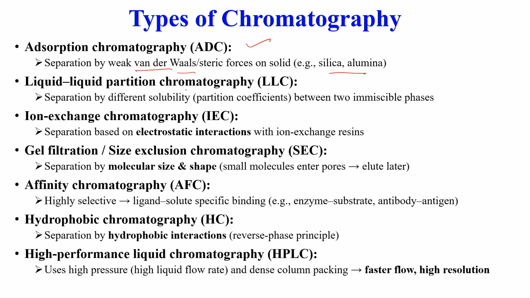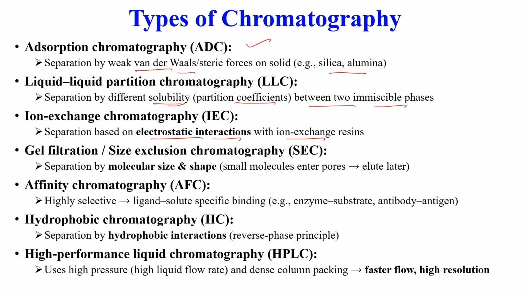There is liquid-liquid partition chromatography, when separation is by different solubility or partition coefficient between 2 immiscible phases, and if the separation is based on ionic charge or electrostatic interaction, that is called ion exchange chromatography.